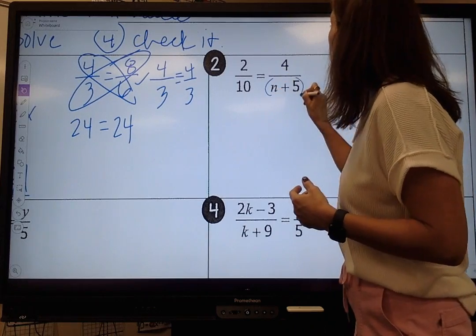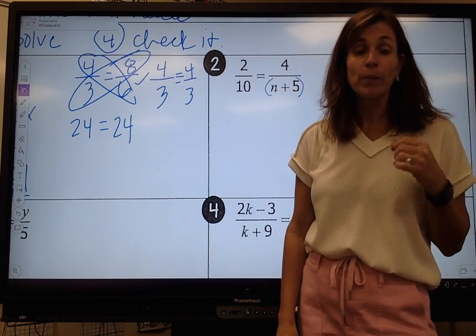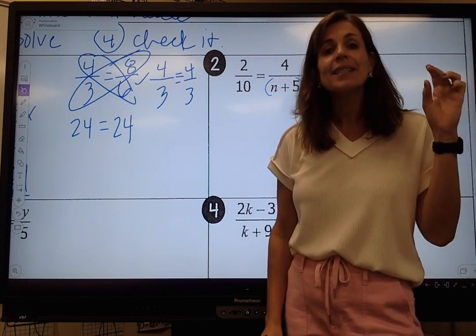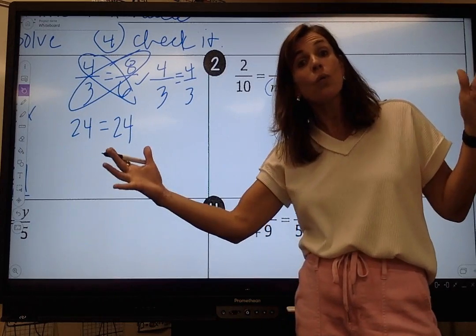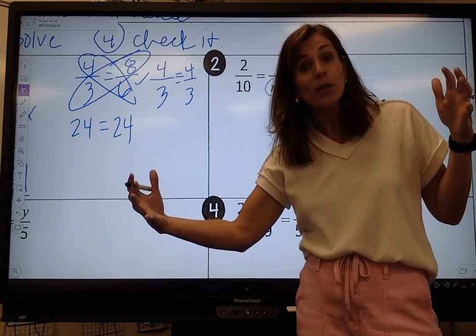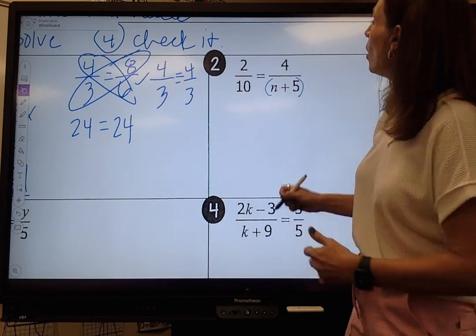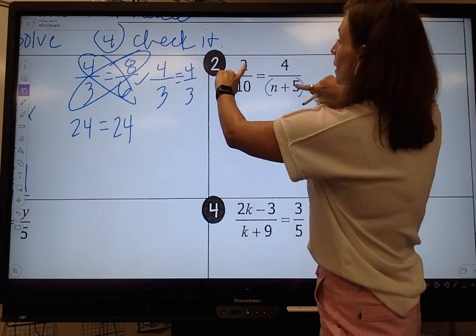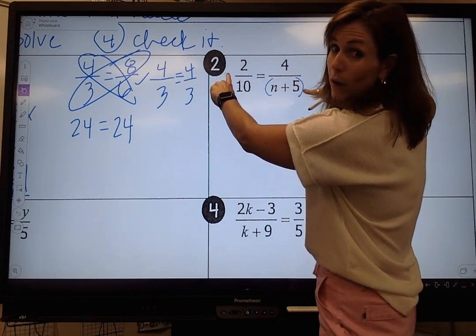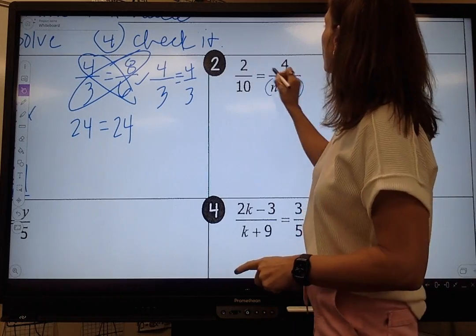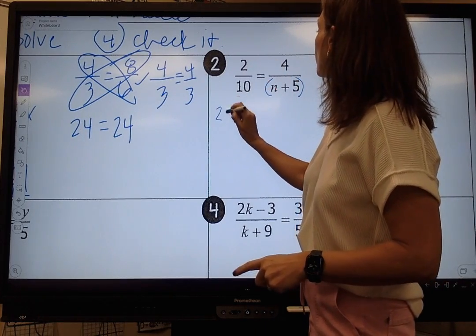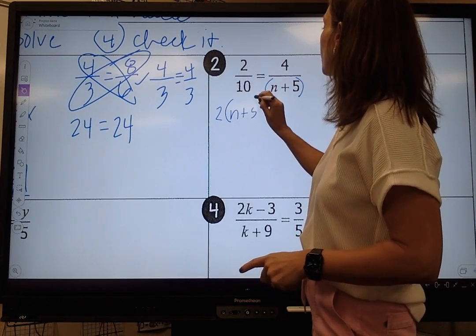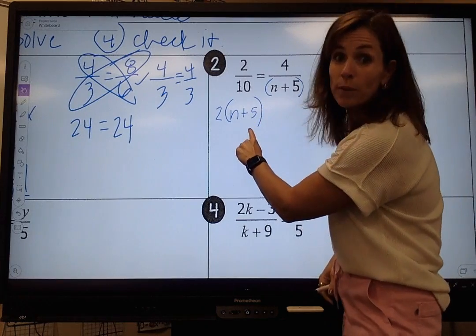Did you put parentheses around your binomial? Why? Because it tells you that you then need to do the distributive property. So now, I'm going to multiply my extremes first, which are located top left, bottom right. I'm going to multiply 2 times n plus 5, distributive property.